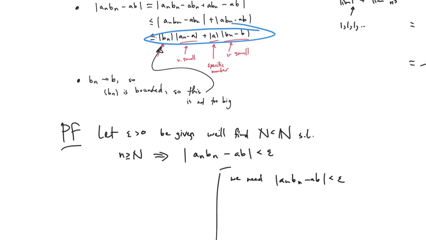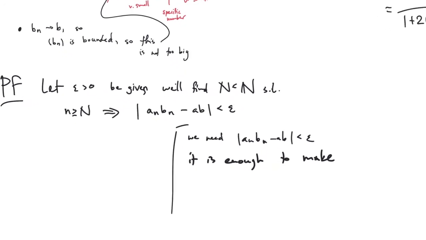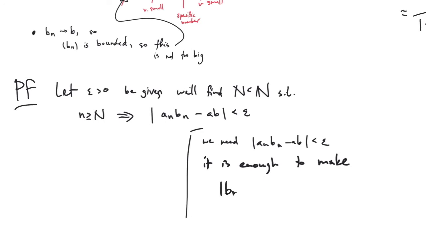So it is enough to make that other blue thing less than epsilon, because the blue thing is bigger than the other part. The blue thing says |bn| |an minus a| plus |a| |bn minus b| less than epsilon. It's good enough if we can make that less than epsilon because it's bigger than the other thing, which we want to be less than epsilon.